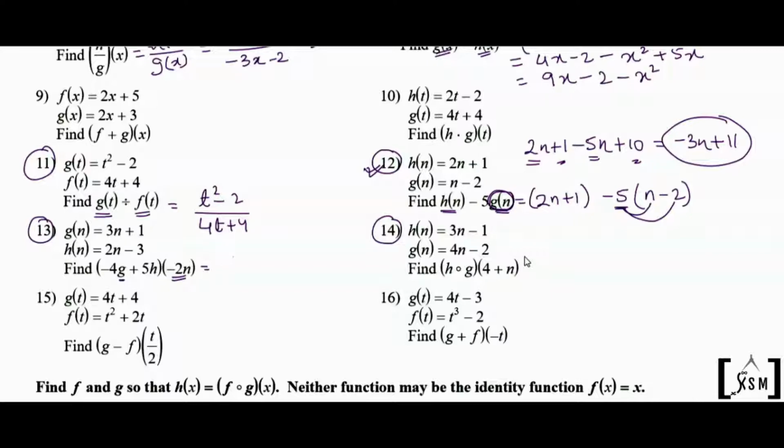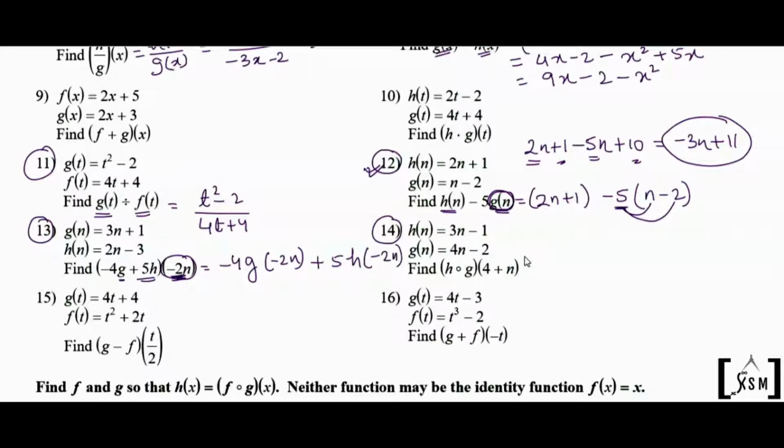So I will write minus 4 g of minus 2n. Correct? Like we used to have g of x, g of n. So here it is g of minus 2n. And then plus 5, function is h, h of minus 2n.